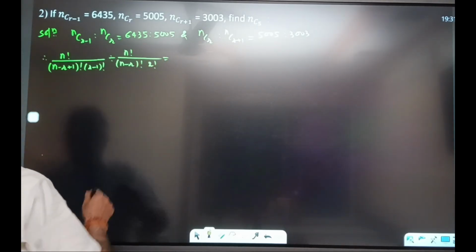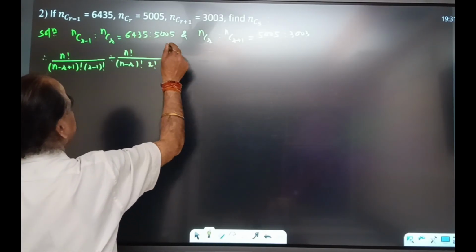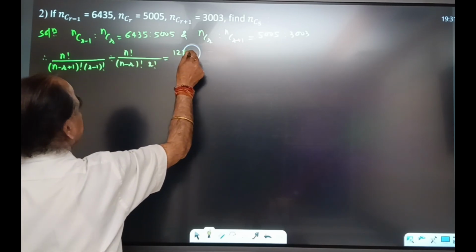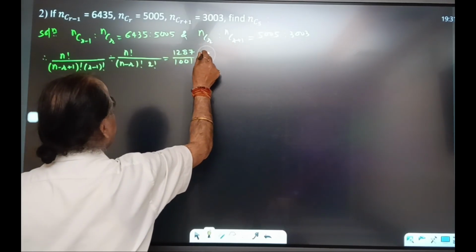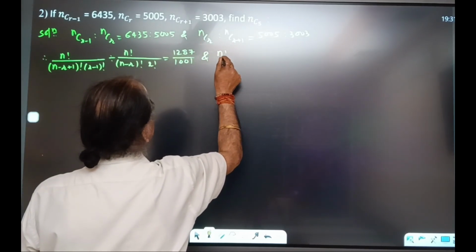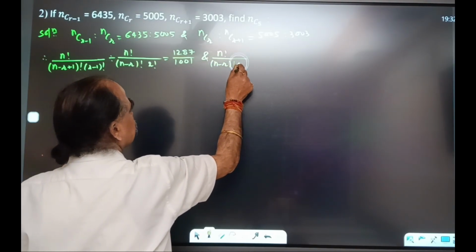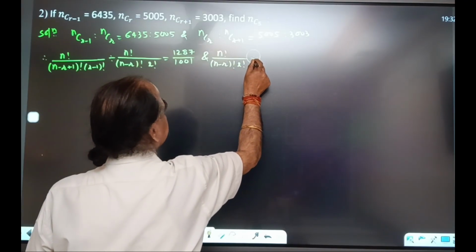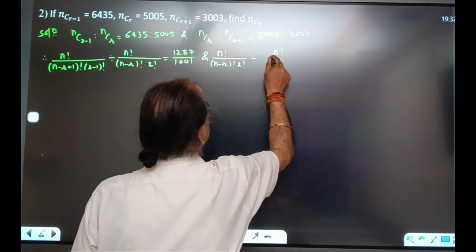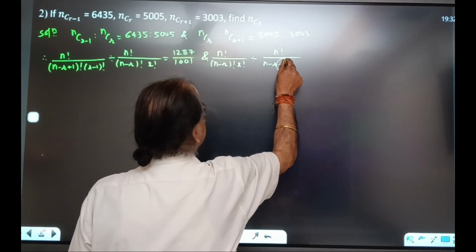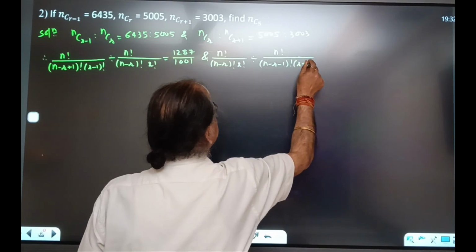First we'll cancel 5. 5 1 is 5, 5 2 is 10, 5 8 is 40, 5 7 is 35, upon 1001 and n factorial upon n minus r factorial into r factorial divided by nCr plus 1 is what? n factorial upon n minus r minus 1 factorial into r plus 1 factorial.